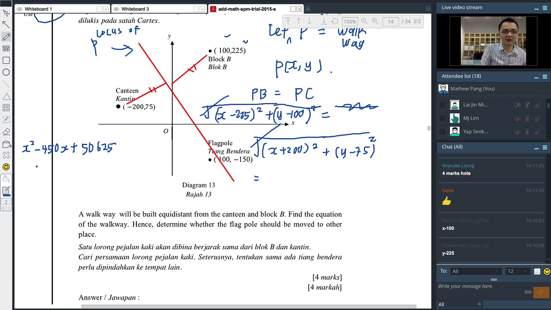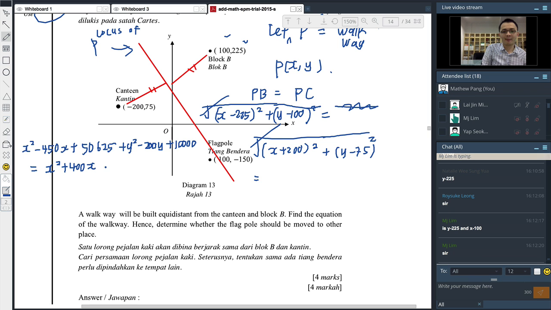The second one plus y squared minus 200y plus 10,000 equals to, this one is x squared plus 400x and then plus 40,000 plus y squared minus 150y plus 75 squared, 5625.